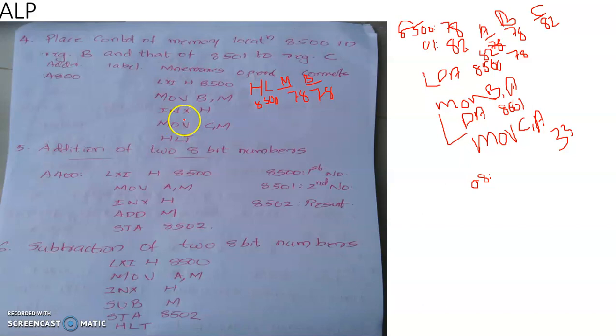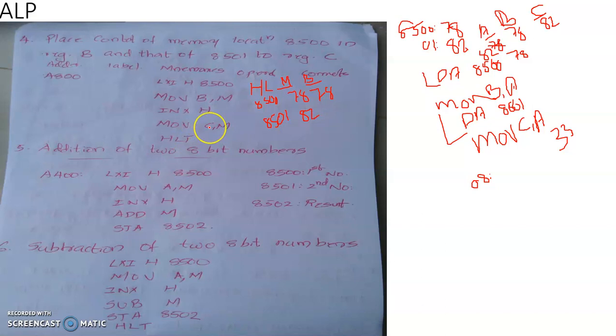Next instruction is INX H. Increment the content of the HL pair by 1. The HL pair now has the content 8500, that is incremented by 1, then this becomes 8501. The content of memory location 8501 is 82, so memory now has the content 82.